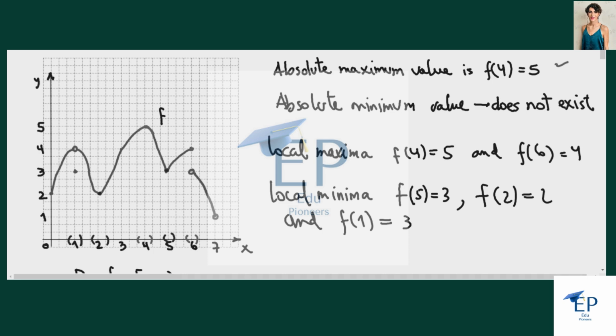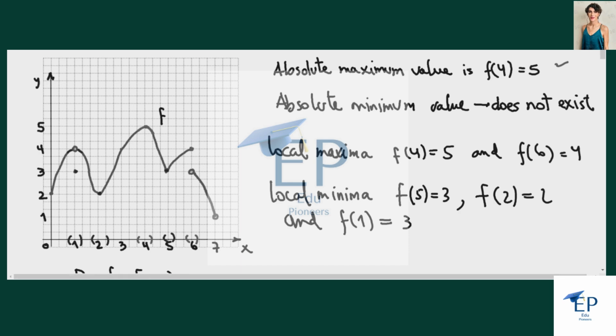We don't need to go far from the point. We always have to think near the point. So if we look close to the number 1, we can see that the graph is something like this, and the separate point at 1, whose image is 3. So we can say that looking closely at 1, the value f at 1 equal 3 is a local minimum.